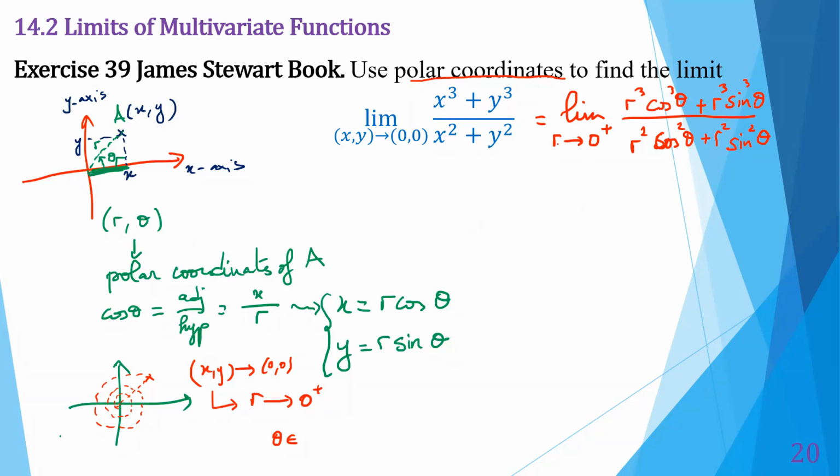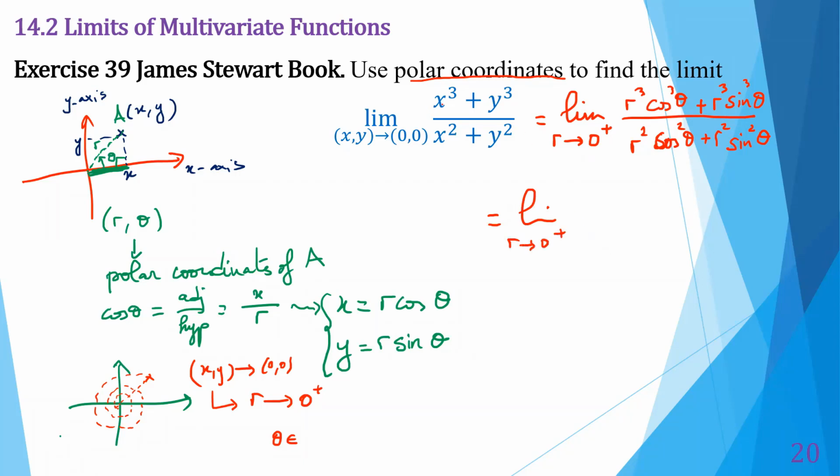So we rewrite our original limit in polar coordinates, and now we want to calculate this quantity when r tends to 0. Okay, so how can we do this?